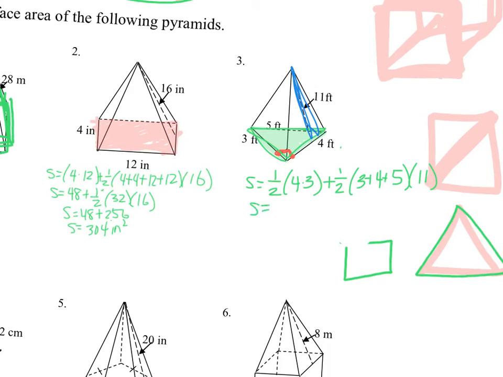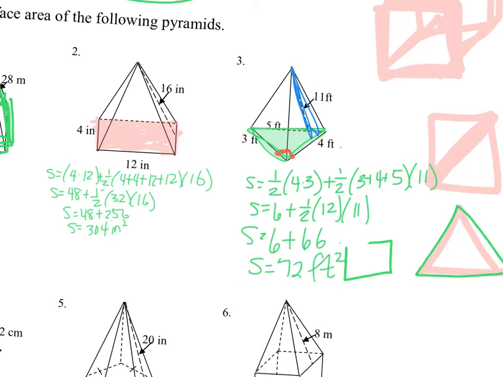So surface area is going to equal 6 plus 1/2, and then 3 plus 4 plus 5 is going to give you 12 times 11. And then you'll have 6 plus 66. That's an equal sign, not a Z. The surface area equals 72 feet squared.